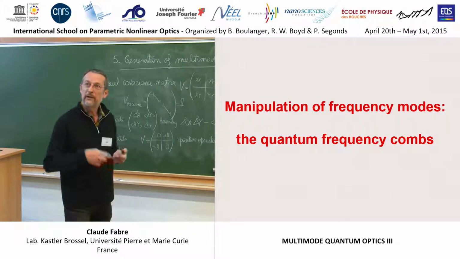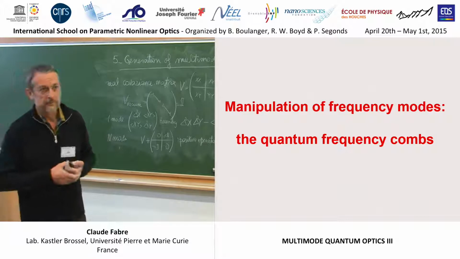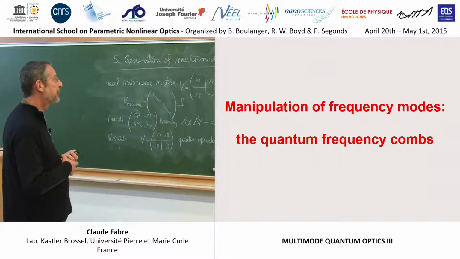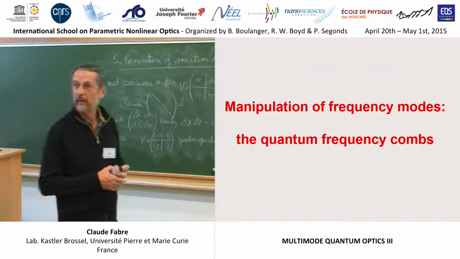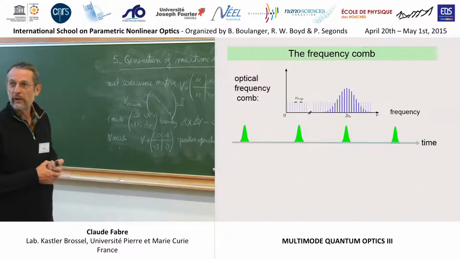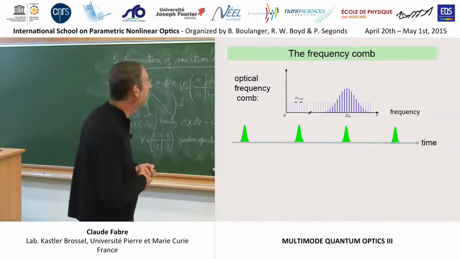Okay, now I go to the main part of the experiments that we have been doing for 5, 6 years now, which is to use multimode frequency modes, okay? So you know almost everything about frequency combs already, with the different lectures.